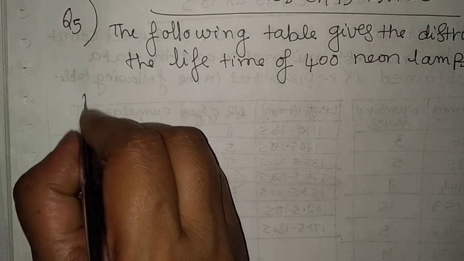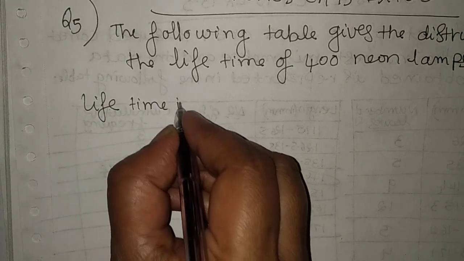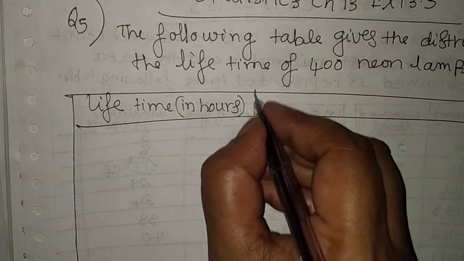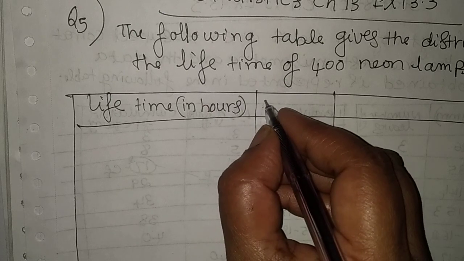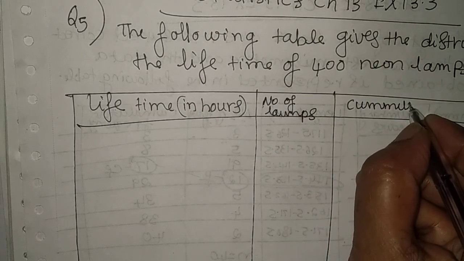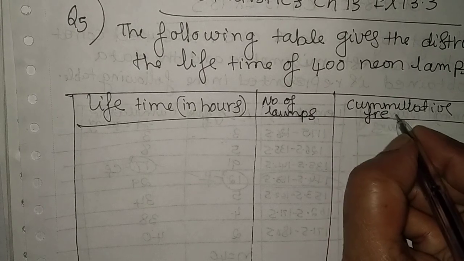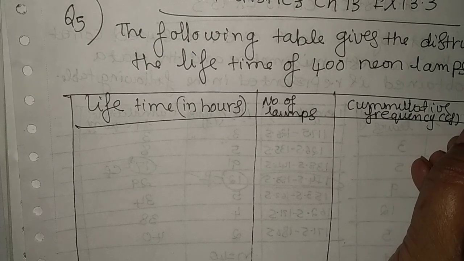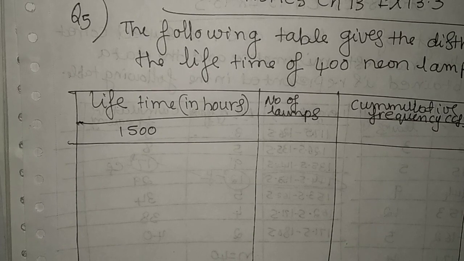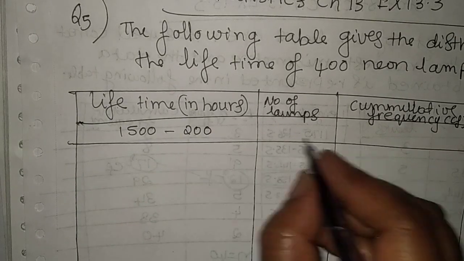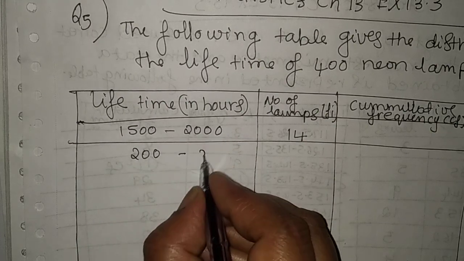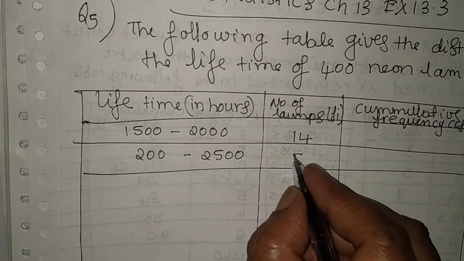So next is, what are the data given? We'll see lifetime in hours, then number of lamps, cumulative frequency, CF. 1,500 to 2,000, the number of lamps is 14, that is f5. Next is 2,000 to 2,500, 56.